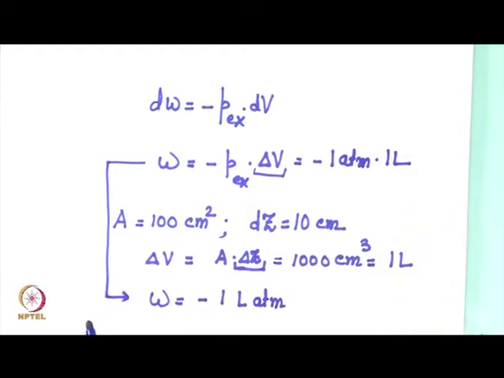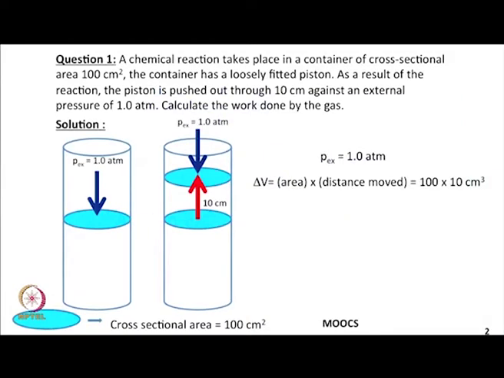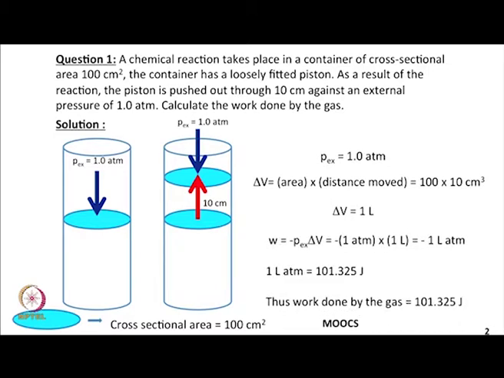Now, if you look into this slide, the same thing is shown over there, that is delta V, which is equal to area times distance moved, turns out to be 1 liter, and the work done is 1 liter atmosphere. Liter atmosphere can also be used as a unit of work, but it is better to use joules.